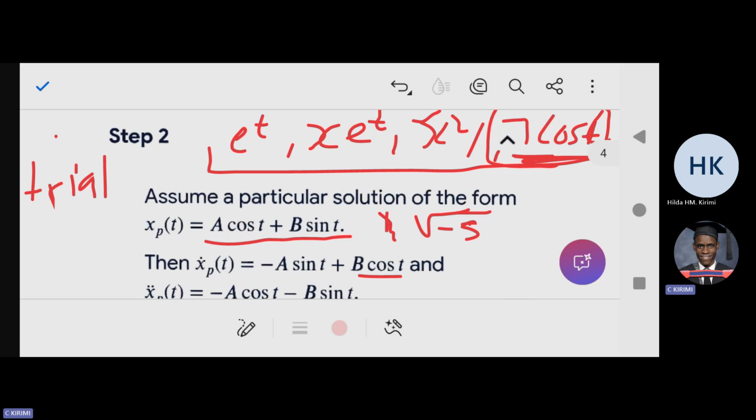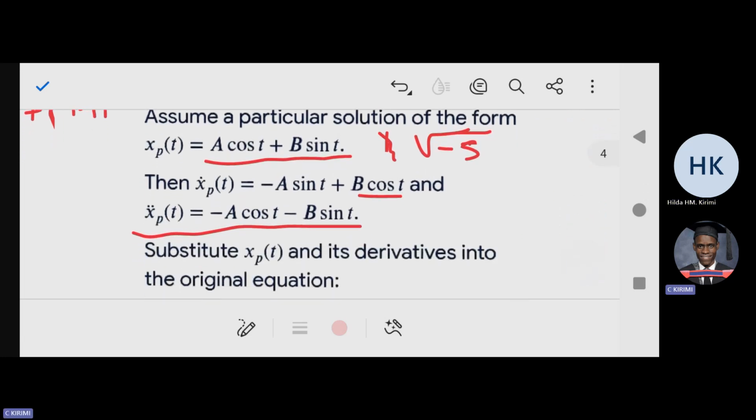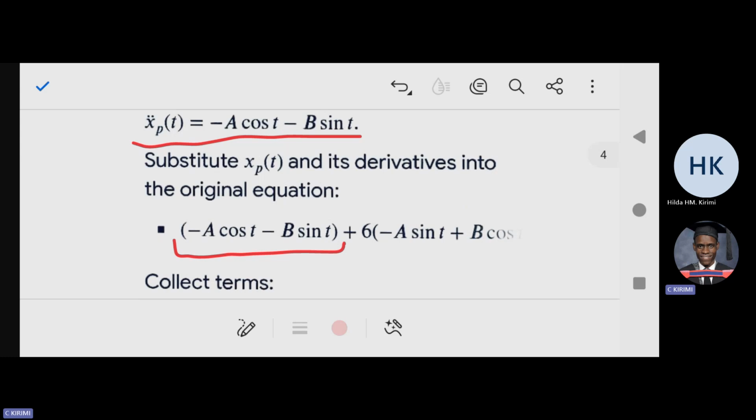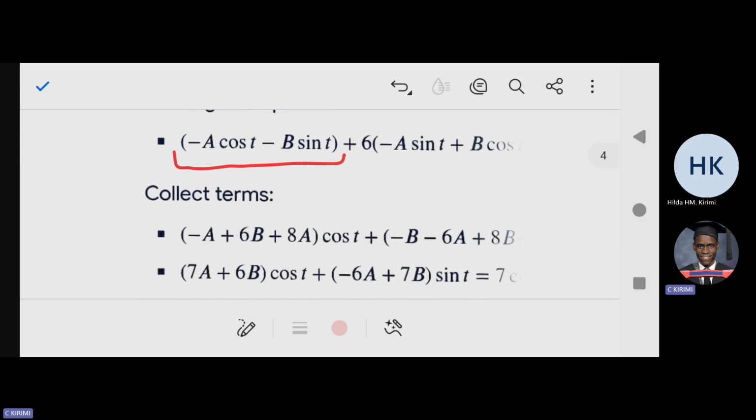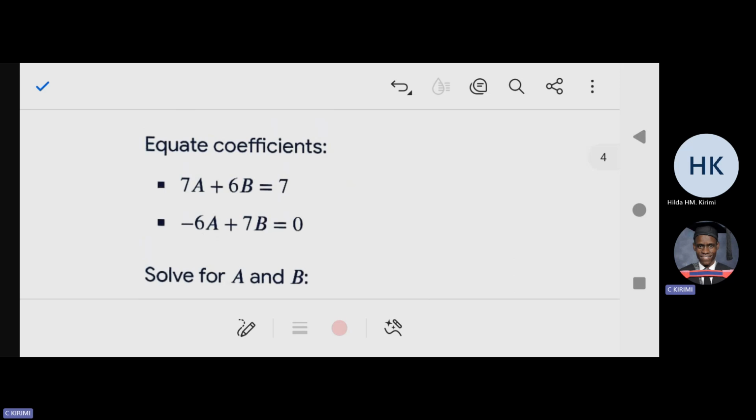Then you know we are going to use a cos t plus b sine t. You differentiate first time, differentiate second time, and substitute these derivatives into the original. So we have replaced these into the original. What do we do next? We now equate coefficients.